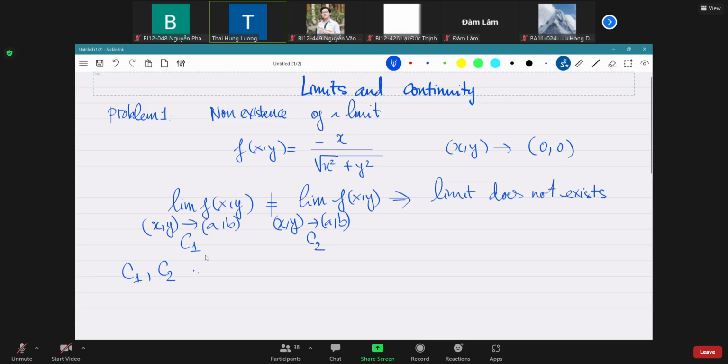So let me do this problem as an example for you. For the path c1, I choose the line y equal to x. You can see easily the graph of this function goes through the point 0, 0, right? And I only take half of it by taking only non-negative values of x. Now let's consider the limit along this path c1.